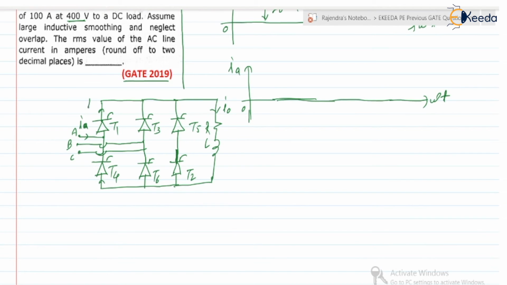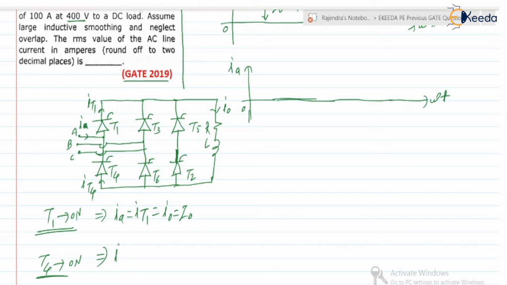So let us consider this current is IT1, this current is IT4. So when T1 is in the on state, at that time IA is equal to IT1 which is equal to load current, capital I0. And when T4 is in the on state, at that time IA is equal to minus IT4 which is equal to minus capital I0.